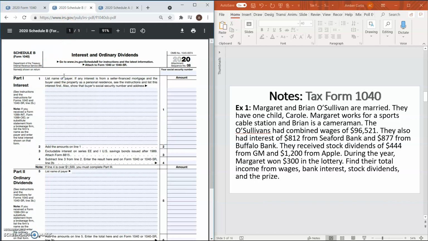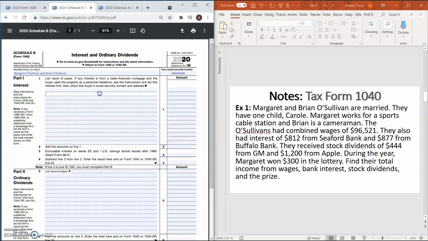So once again, we have our couple here, Margaret O'Sullivan and Brian O'Sullivan. Part 1 is all about interest. It says, list the name of the payer. If any interest is from a seller-financed mortgage and the buyer used the property as a personal residence, see the instructions. So we're going to look over here and see what interest they got.